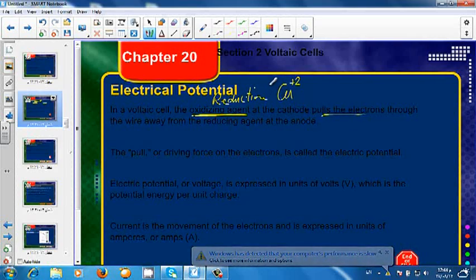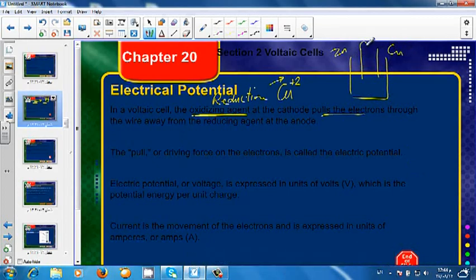It means the electrons are attracted to these positive copper ions through the wire. They move in the external wire. So again, I will draw it here: zinc, copper, wire. The electrons transfer to the cathode, and here the anode.